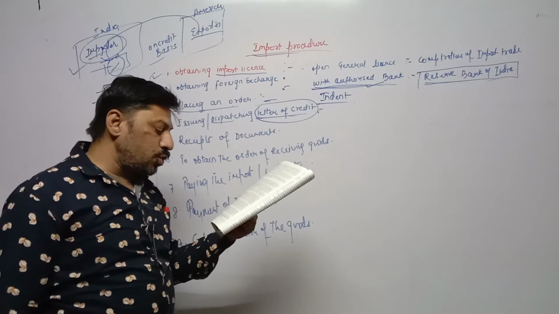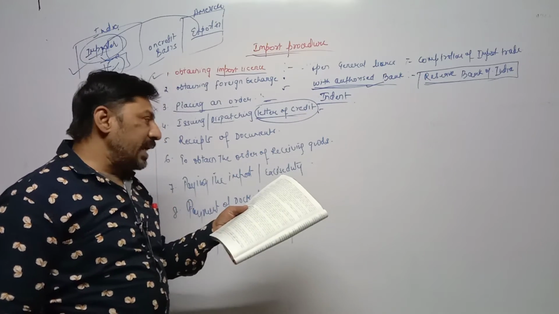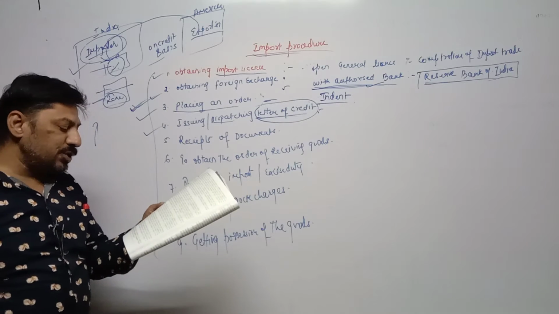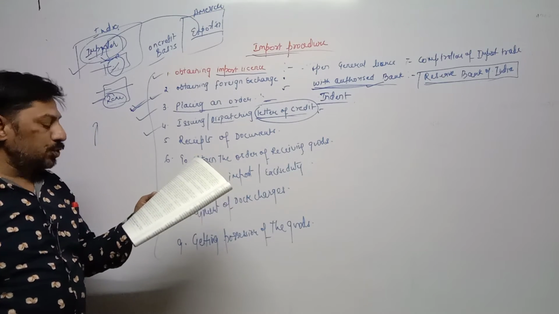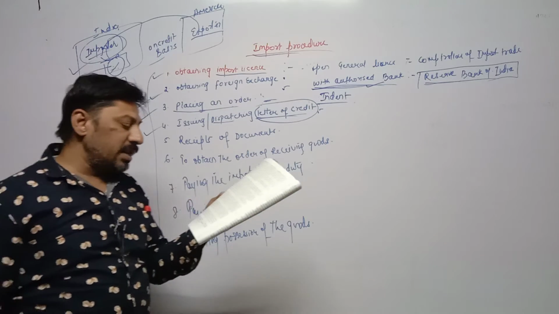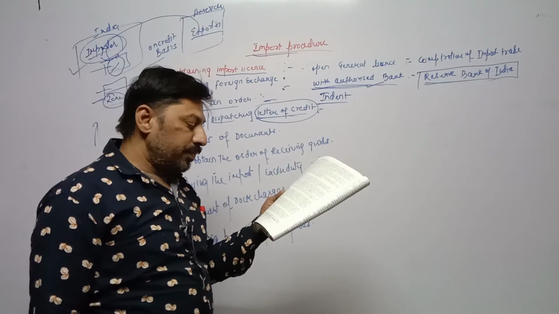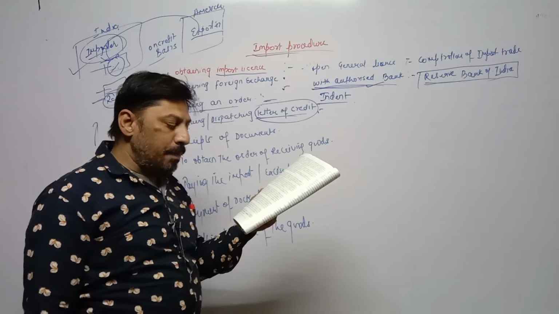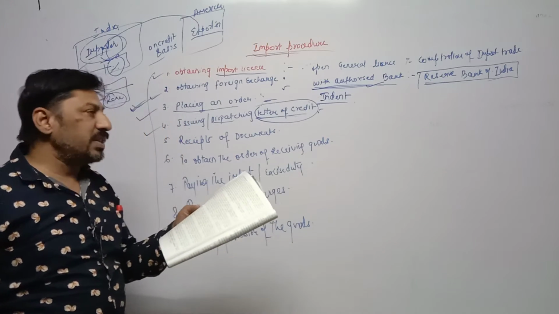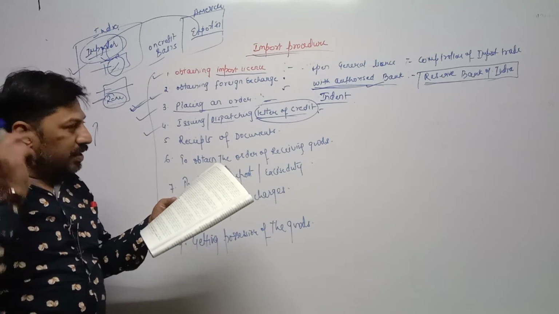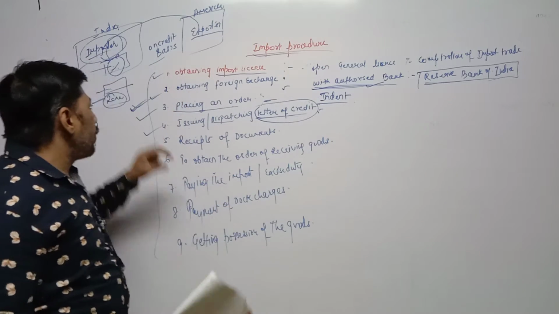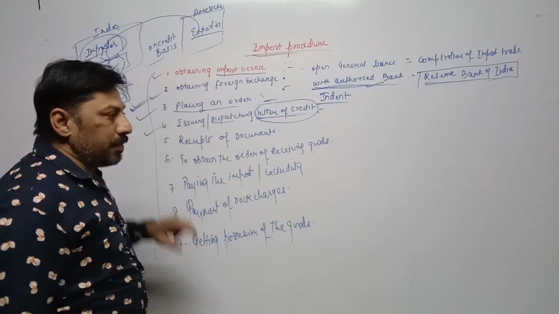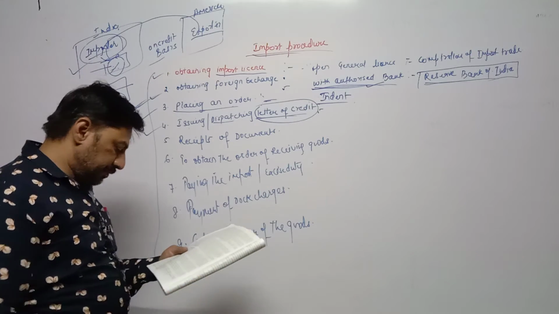The importer has to obtain the letter of credit from his bank and send it to the exporter. The exporter is assured about getting his money on receiving the letter of credit. So a letter of credit is a kind of guarantee that the importer will make payment on time.